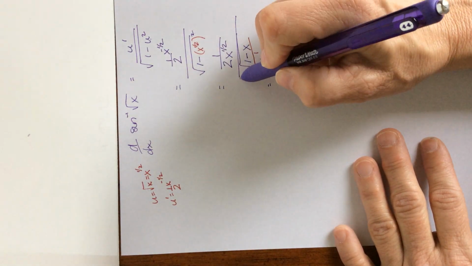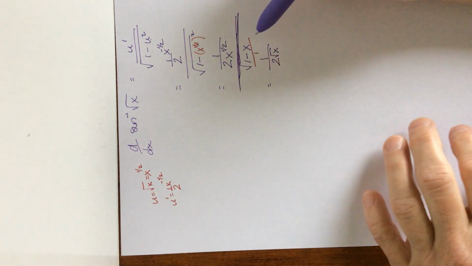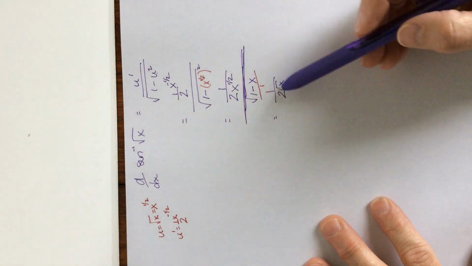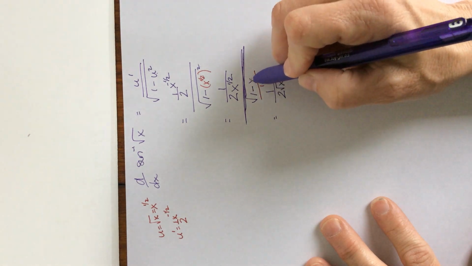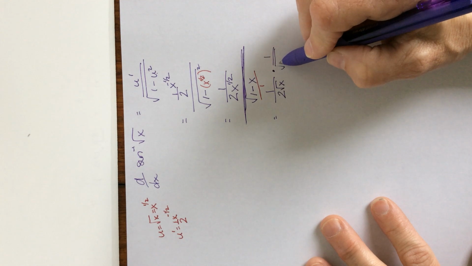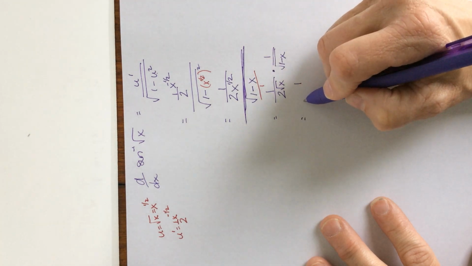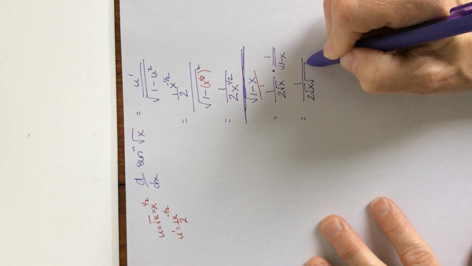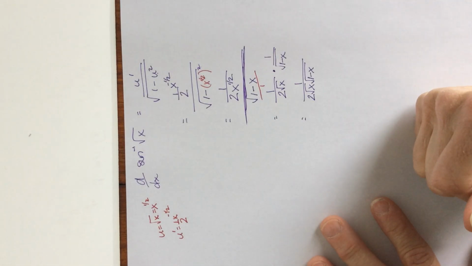So instead of dividing, I can now change this to multiplication. And I will have 1 over 2 times the square root of x, times the reciprocal of this, so 1 over the square root of 1 minus x. And folks, we're just going to leave this as 1 over 2 times the square root of x times the square root of 1 minus x.